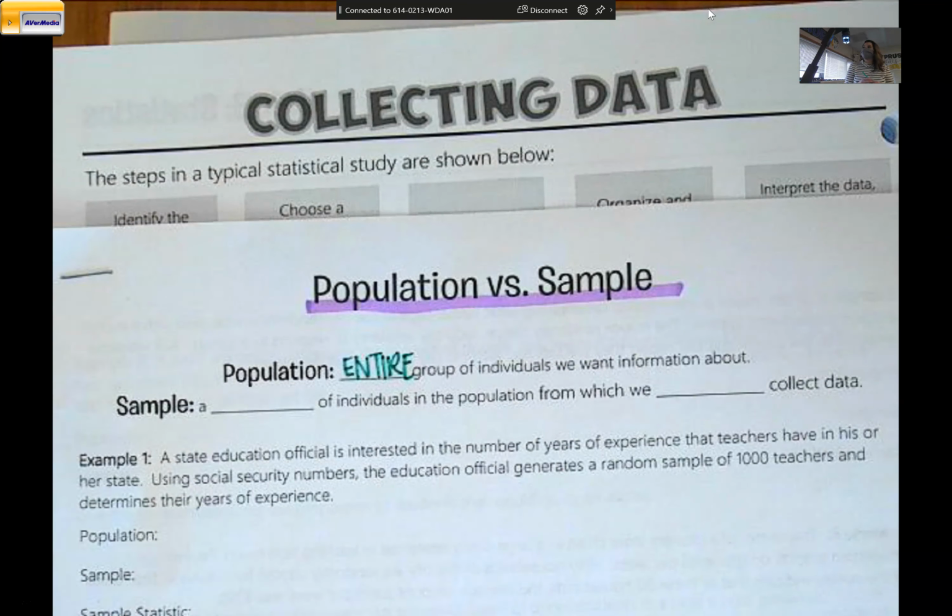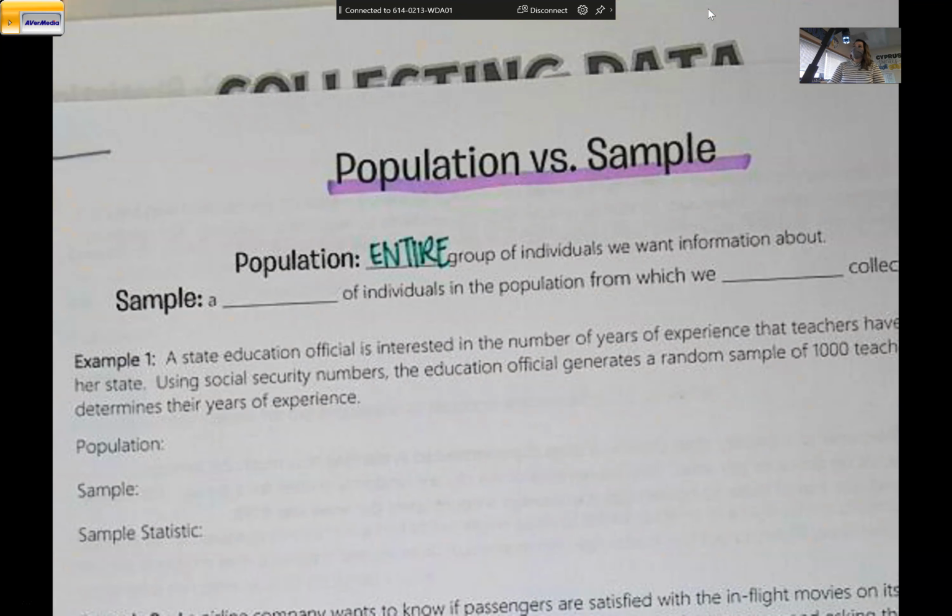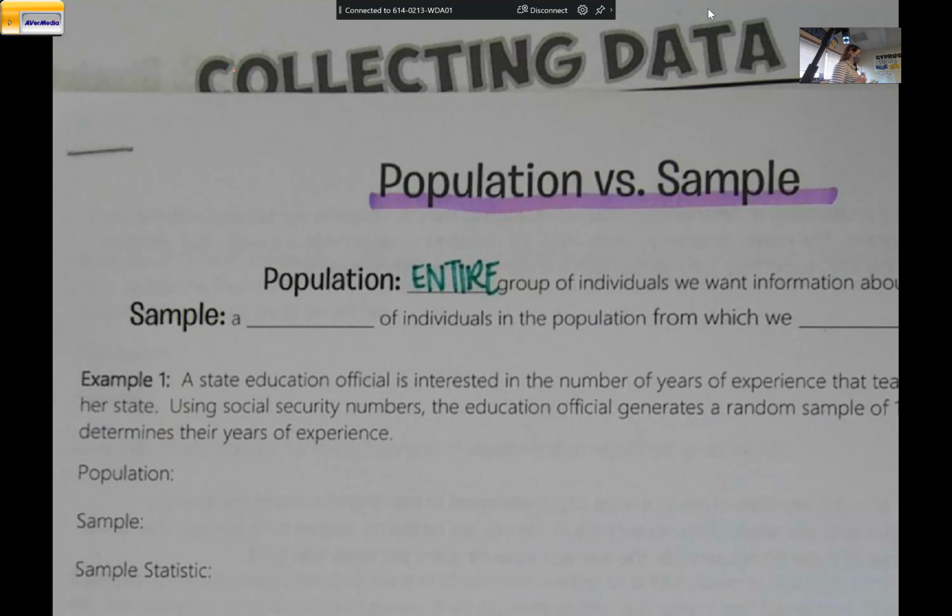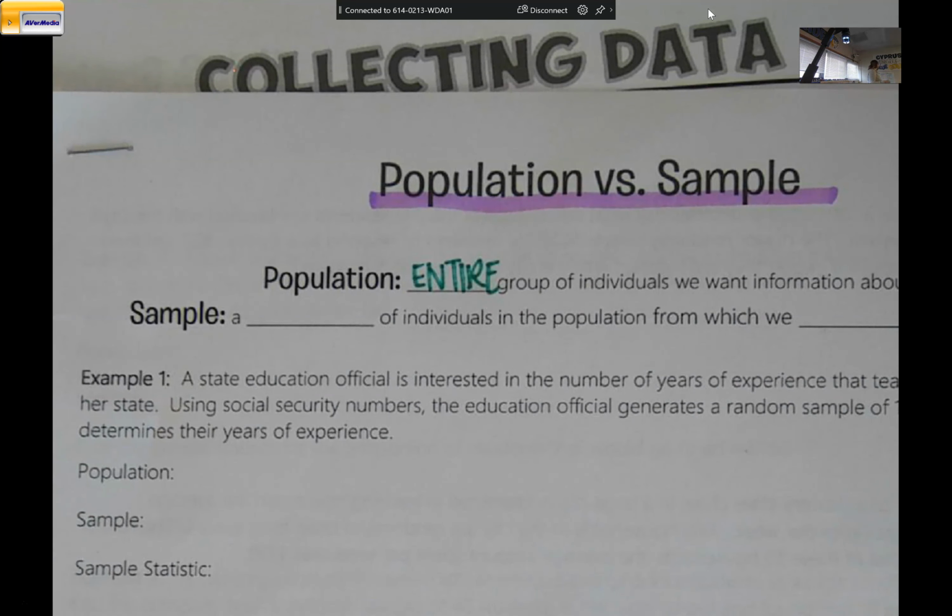So if I want to know if music truly helps you guys do better on work, my population would be every single student that goes to Cypress High.